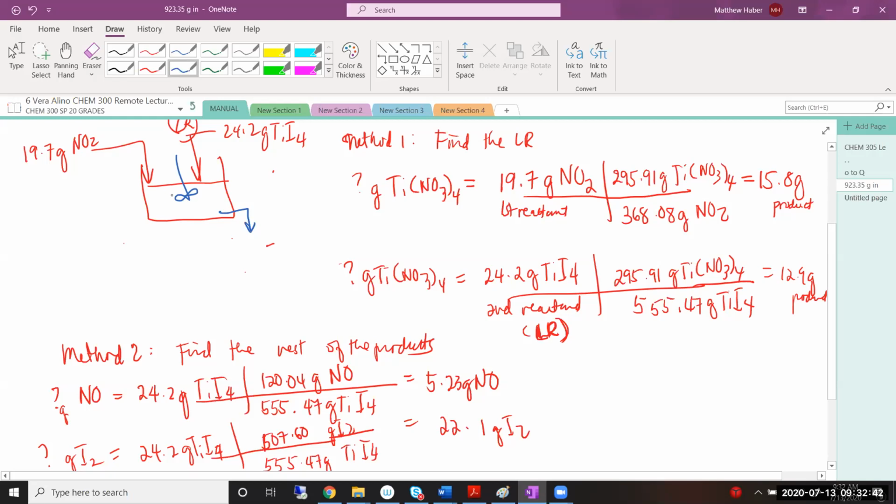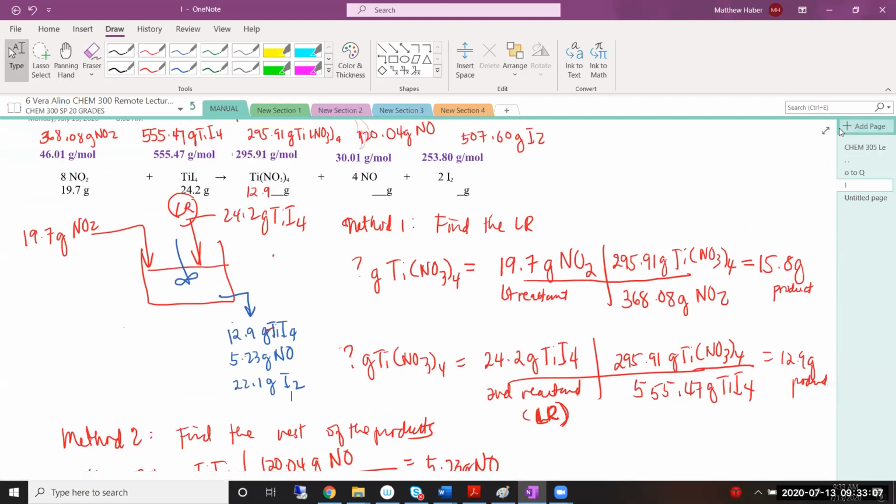Let it run for a long time to ensure that the reaction occurs. So here, what came out were the products: 12.9 grams of titanium 4 nitrate, 5.23 grams of NO, and 22.1 grams of iodine. So that's what it means, okay? What else does that mean?